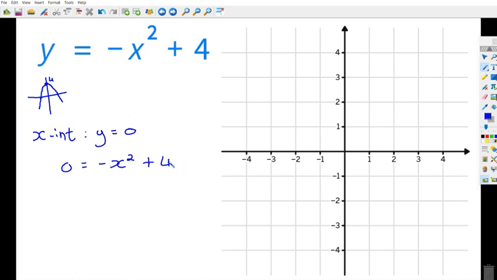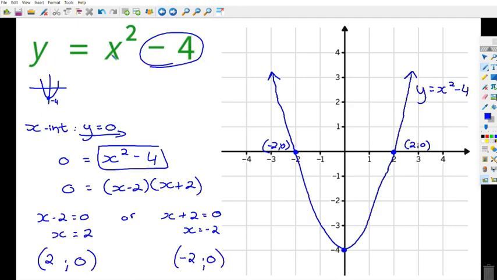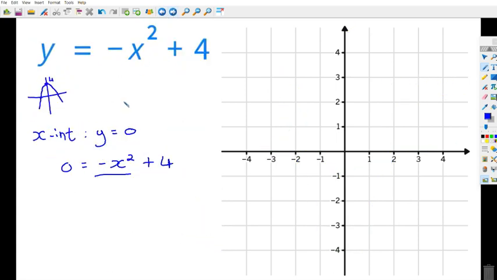Alright, but there's something different here than in the previous two. Can you see that my x squared is negative? In these ones, I've got positive x squared. But here I've got a negative x squared now. So to get that back to positive, I need to do something. There's two ways you can do this.